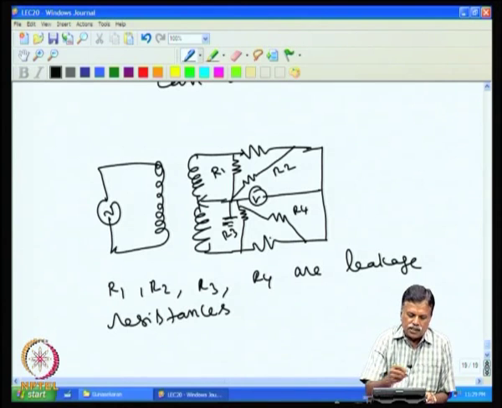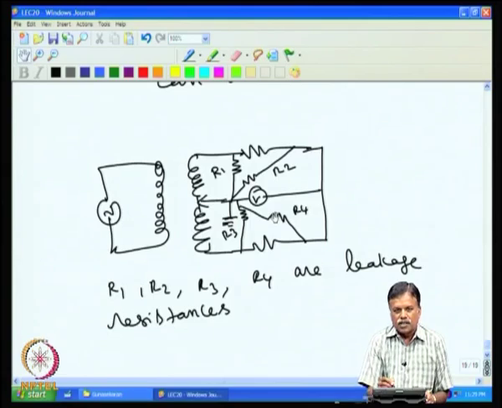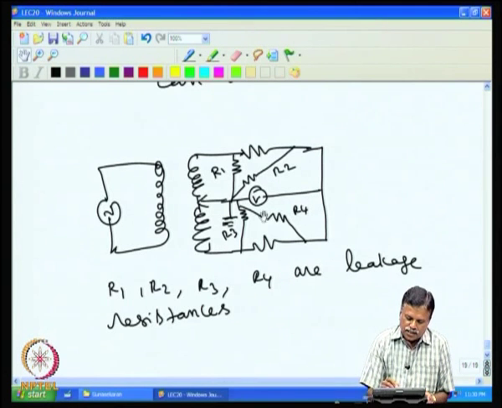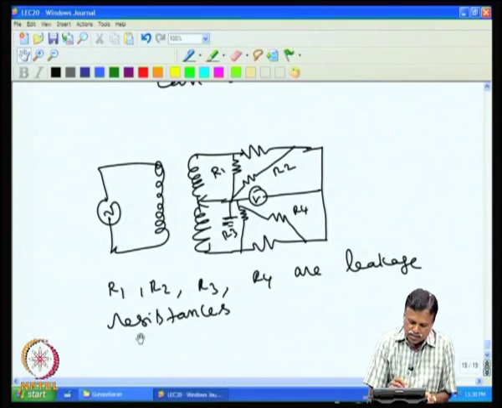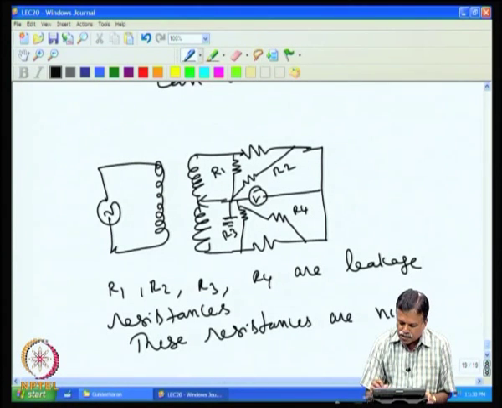In this bridge, these leakage resistances will not play any role in balancing the bridge, and the net result is that they have no effect on the resistance measurement. That is why this bridge is popular, and one can measure 100 megohm or even 1000 megohm using this bridge, because these resistors R1, R2, R3, R4 are not contributing to the balance.